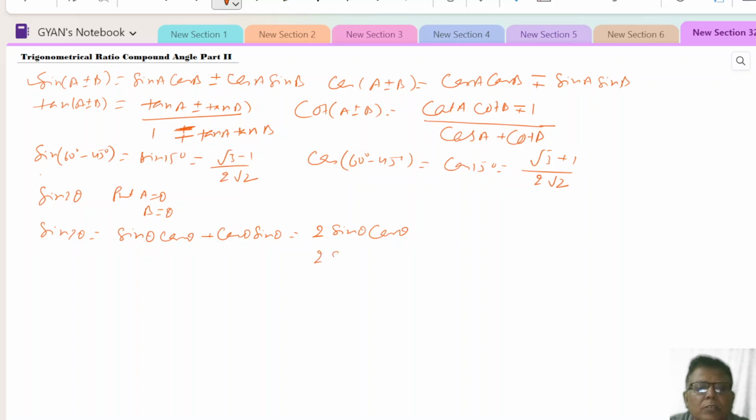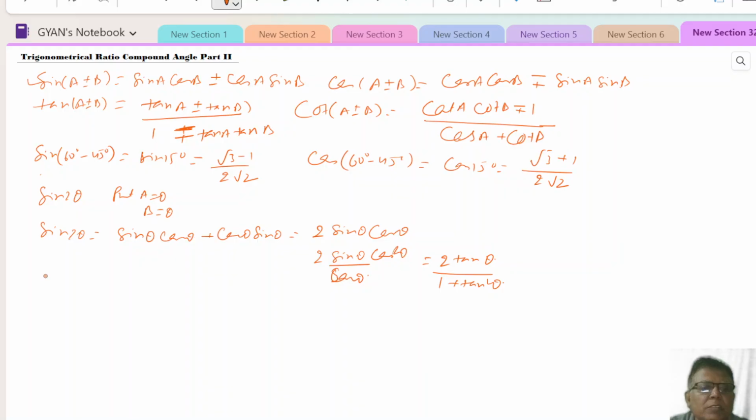Second is 2 sin theta into cos square theta divided by sin theta cos theta, that is 2 tan theta, and this one is sec square theta. Sec square theta means 1 plus tan square theta.